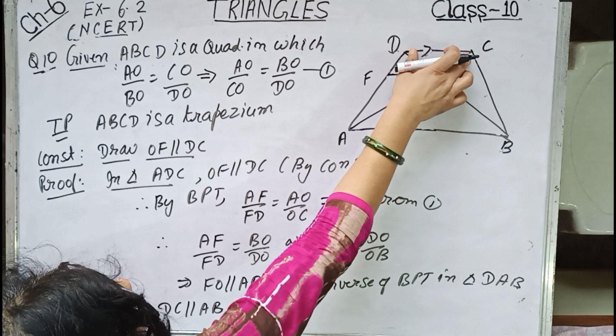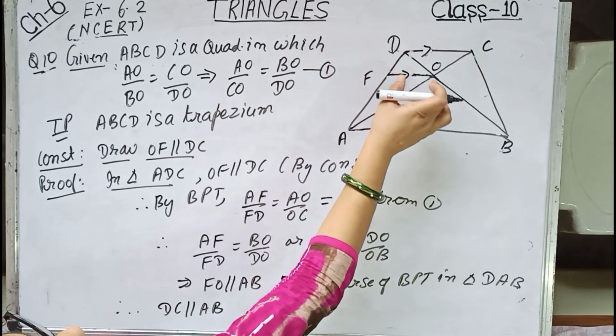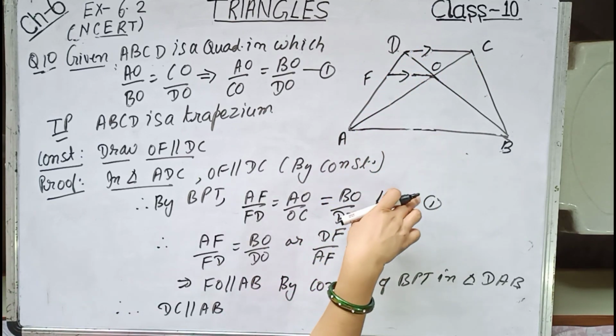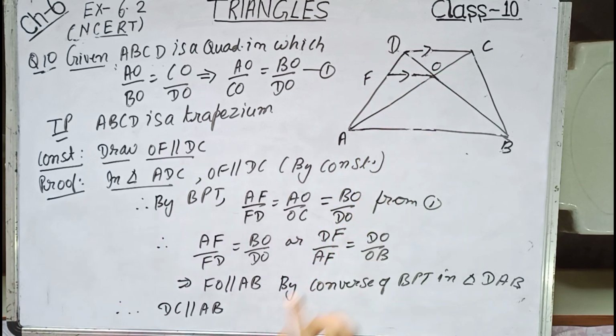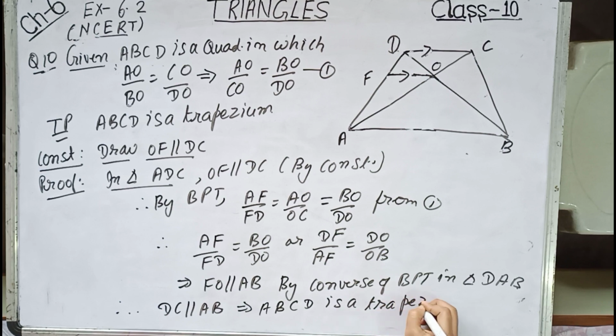FO parallel to DC we have constructed and FO parallel to AB we have proved. So DC is parallel to AB we have got. So this implies ABCD is a trapezium. And hence proved.